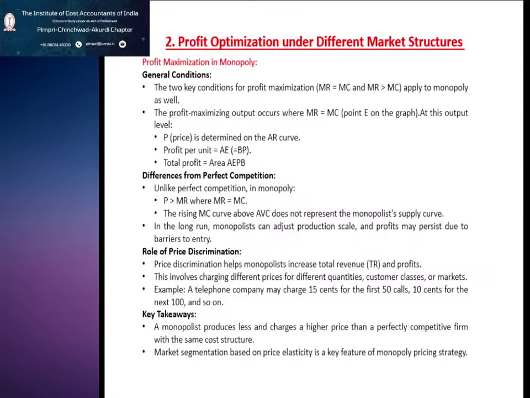Then the differences from perfect competition, then the role of price discrimination, and the final key takeaways were that a monopolist produces less and charges a higher price than a perfectly competitive firm with the same cost structure, and that market segmentation based on price elasticity is a key feature of monopoly pricing strategy.